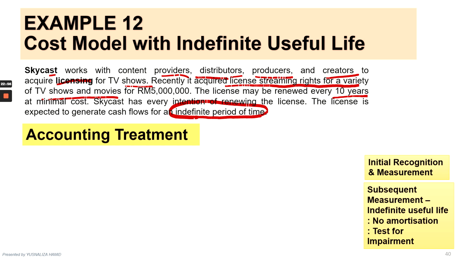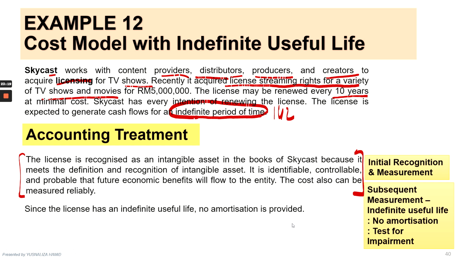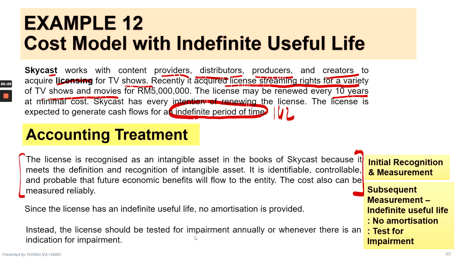So this is telling you that this is an asset with an indefinite useful life, right? Therefore, what you need to do is explain the accounting treatment. First, mention the initial recognition and measurement. Next is to explain subsequent measurement. Since the asset has indefinite useful life, there will be no amortization.